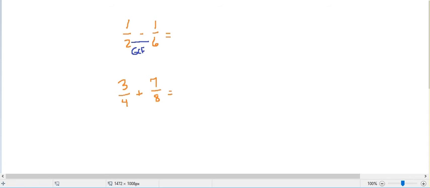Sorry, not the greatest common factor, the least common multiple of these two numbers. 2, 4, 6, 6, 12. Oh, we don't even have to go any further. LCM is 6.